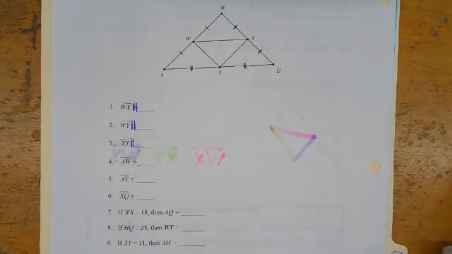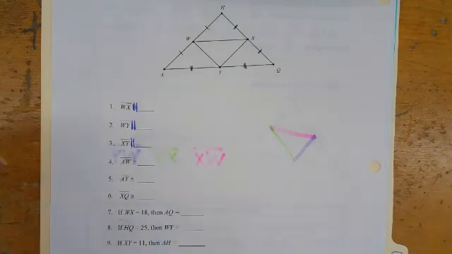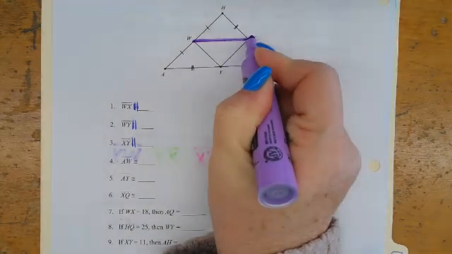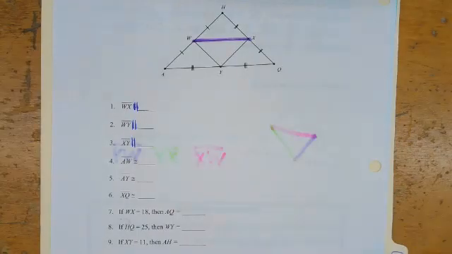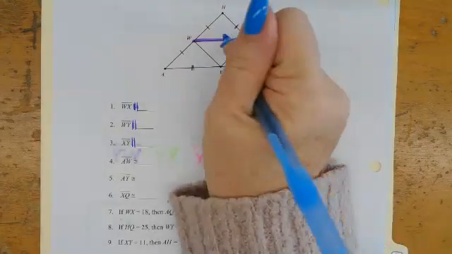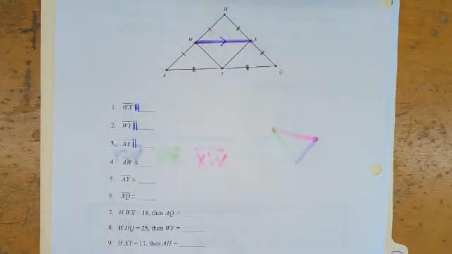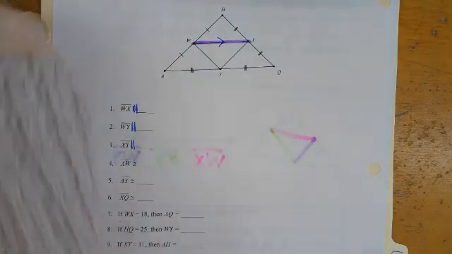All right. Let's take a look at this. So WX. It's asking for WX. So I'm going to highlight that in purple. It's asking what segment is WX parallel to? Well, the midsegment we know is parallel to the third side. The third side is AQ.